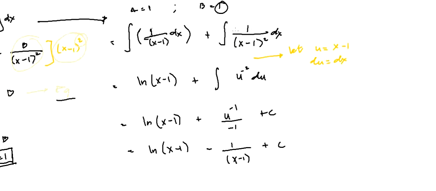Then we transform this into the integral where dx is du all over (x minus 1) squared, which is u squared.